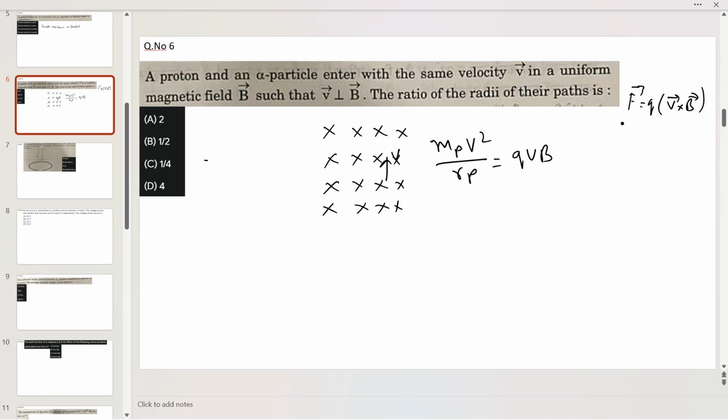So this is the force, and here rp will be m v square by rp equal to q vb for one proton.